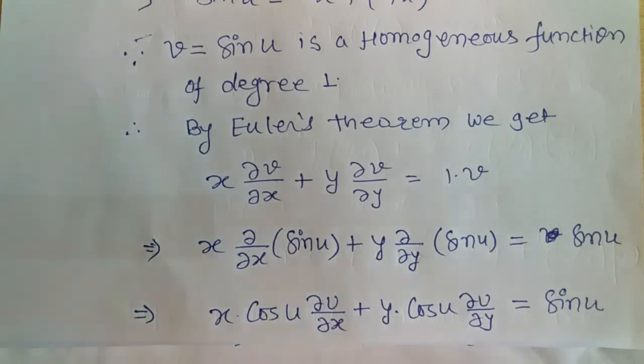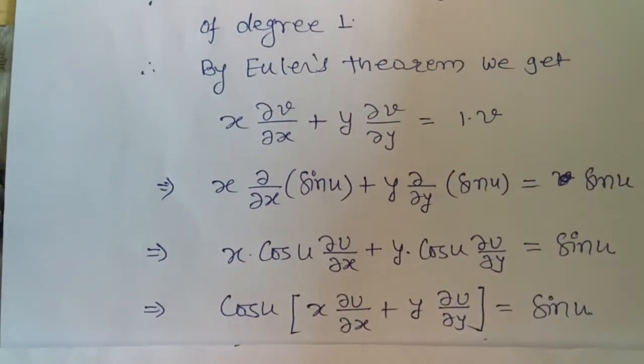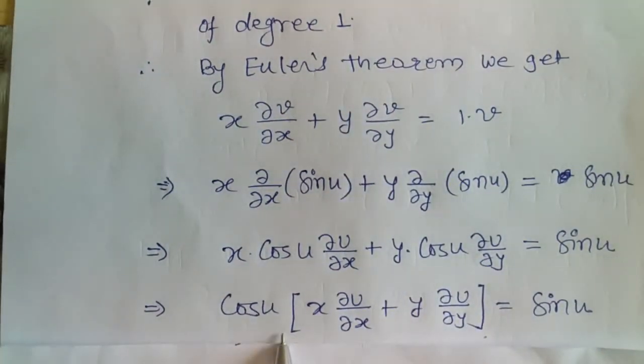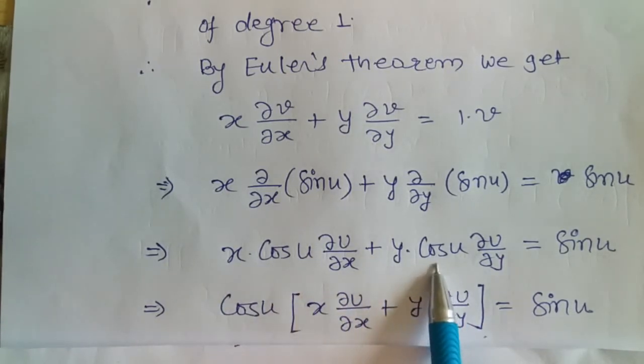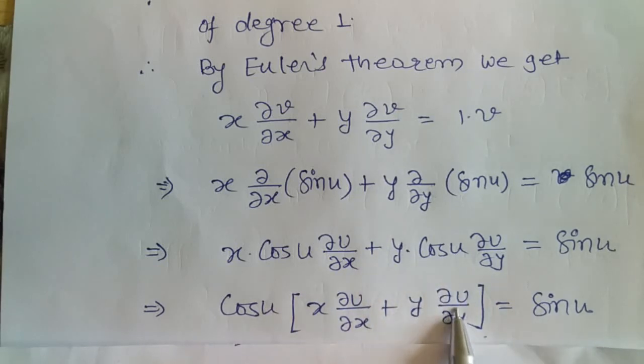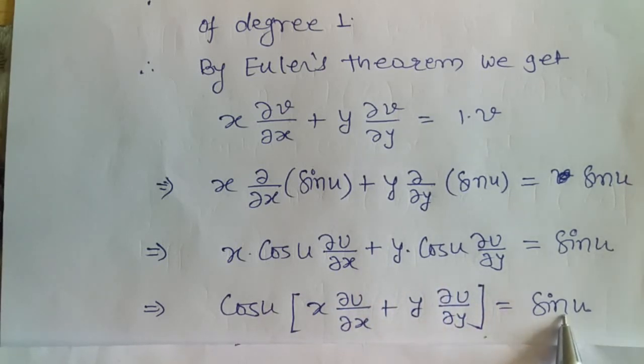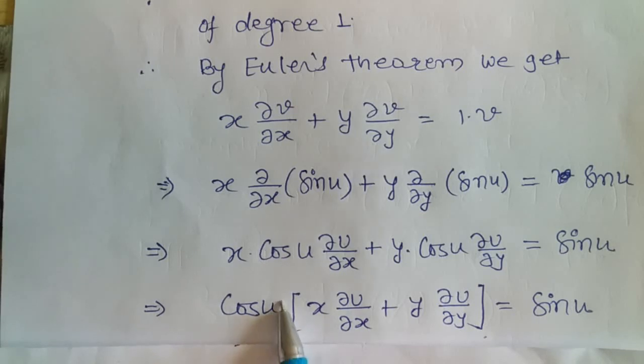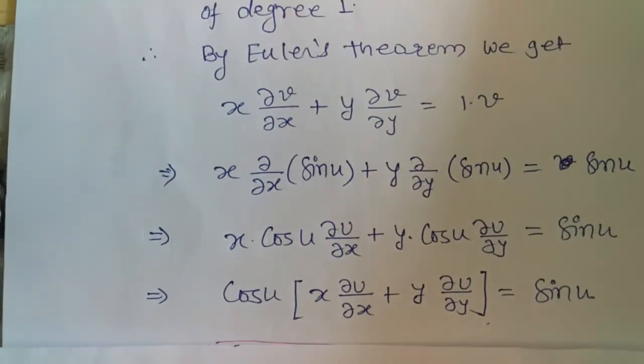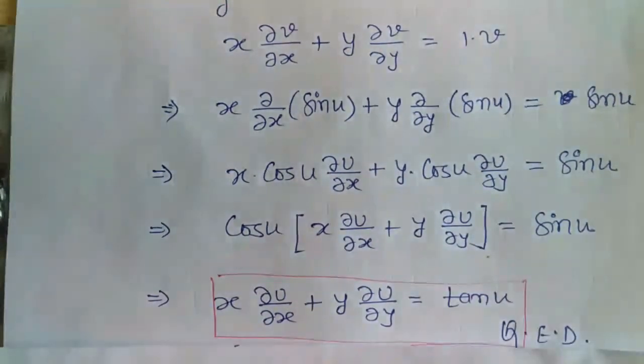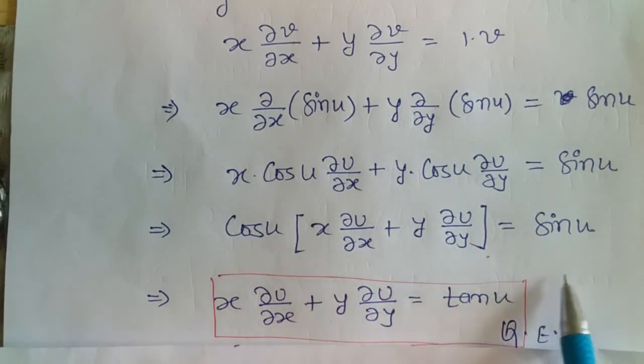Now we take cos u common, then we have cos u into x del u by del x plus y del u by del y equal to sin u. Now we transfer cos u to the right hand side, then we have sin u upon cos u which becomes tan u. So we have x del u by del x plus y del u by del y equal to tan u, and this is the required proof.